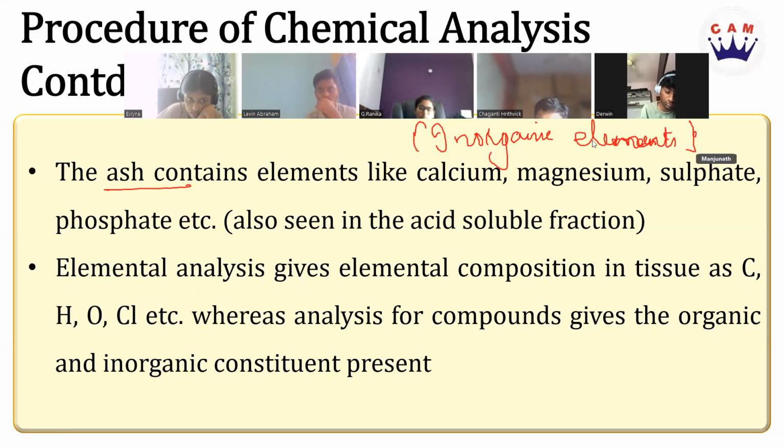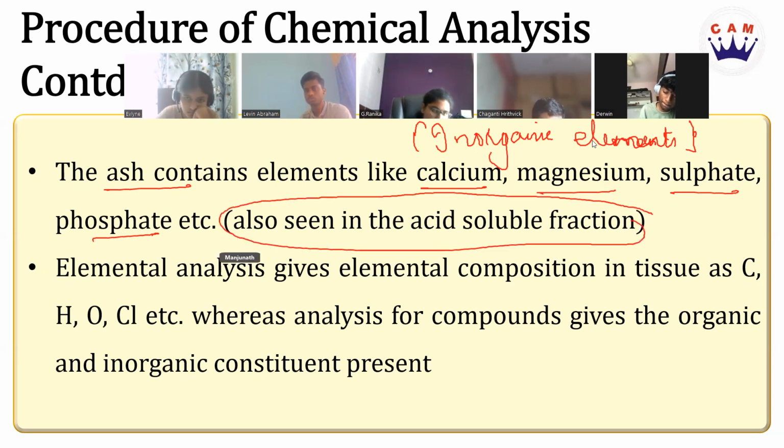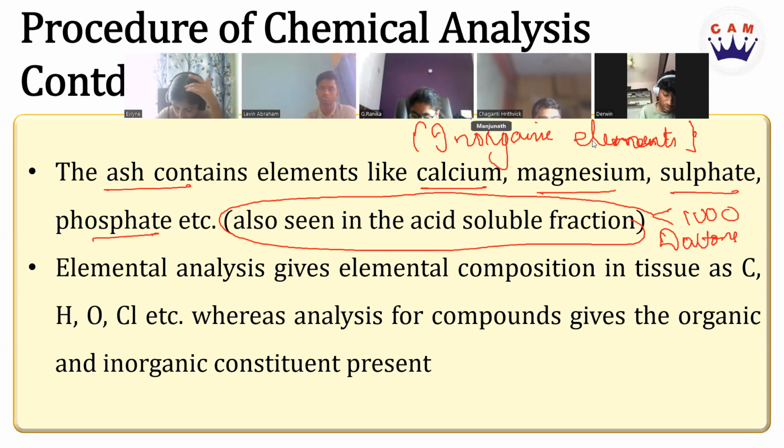Elements such as calcium, magnesium, sulfate, phosphate. What did I tell you? It is found in the acid soluble fraction with molecular weight less than how many Daltons? 1000 Daltons. And these are also called micromolecules, in specific biomicromolecules.